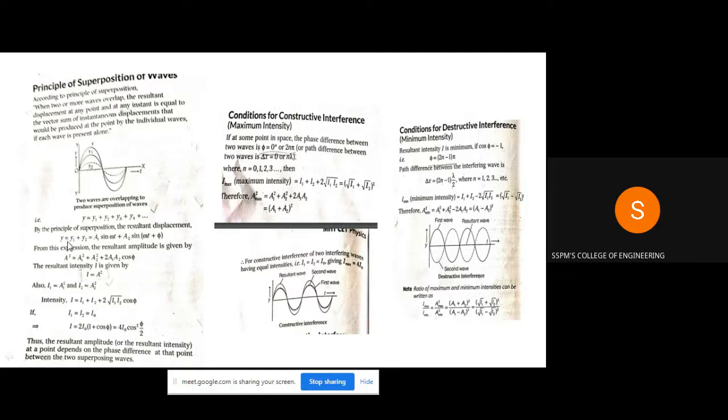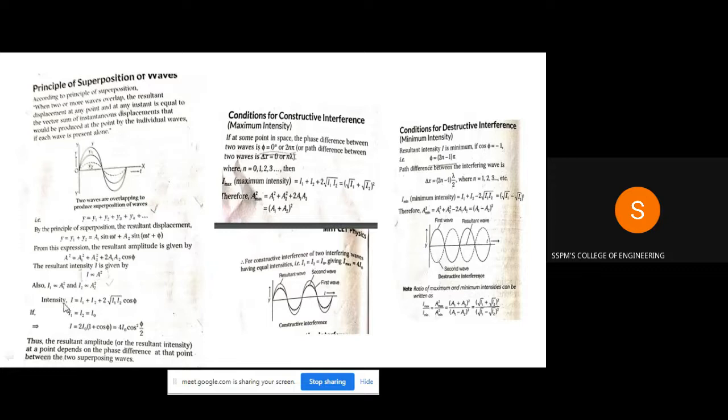Intensity is nothing but the square of the amplitude, so I is directly proportional to A square. Also, I1 is directly proportional to a1 square, and I2 is directly proportional to a2 square.